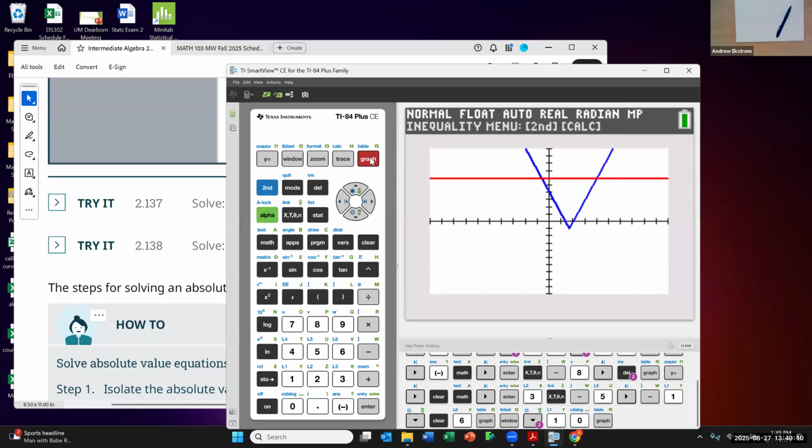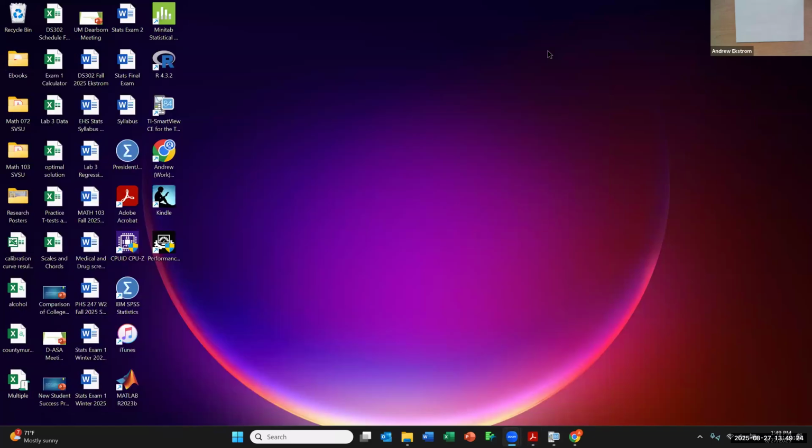So with this one, we know that x is going to be approximately -1 and 4. So we graphed it, we know where this is going.